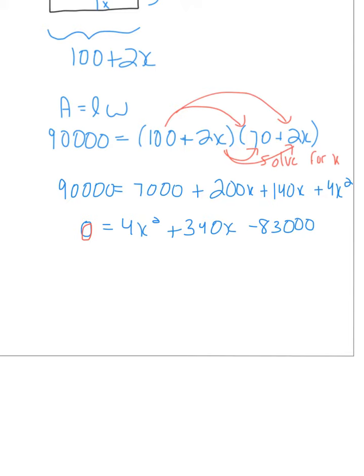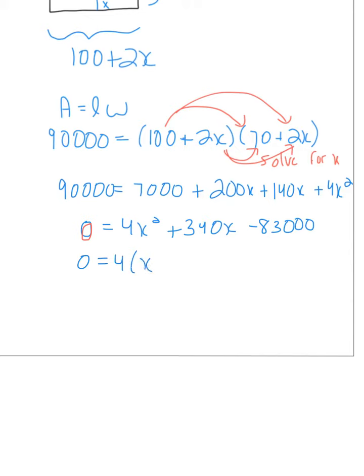Now to solve, I'm going to look to see if I can take a common factor. And it looks like I can. Just check to see if you can divide each term by 4. If you get a decimal when you divide by 4, you should be using the quadratic formula. But here I don't. I actually can take a common factor of 4.